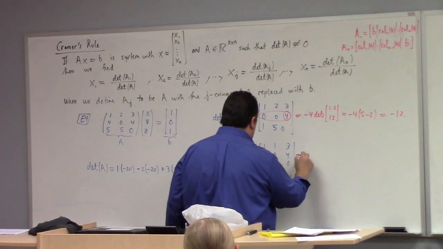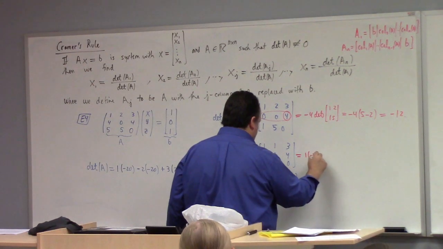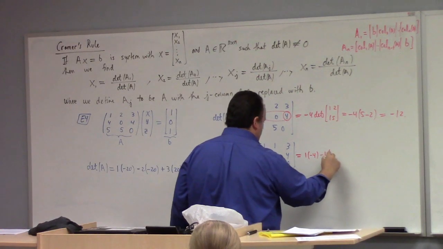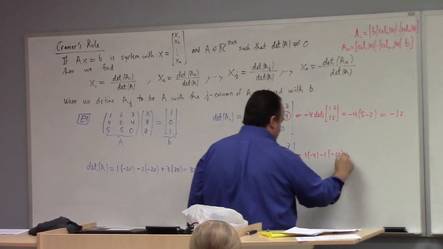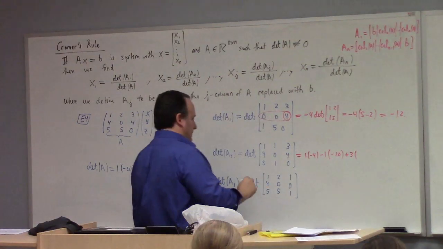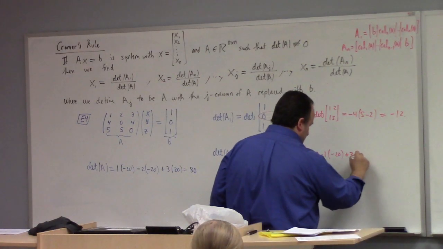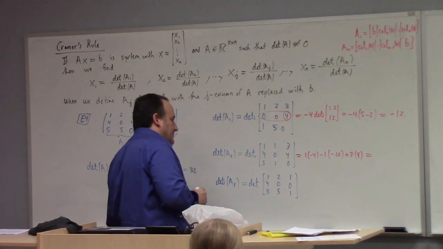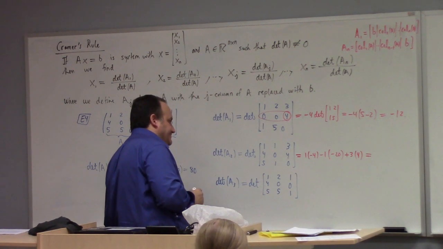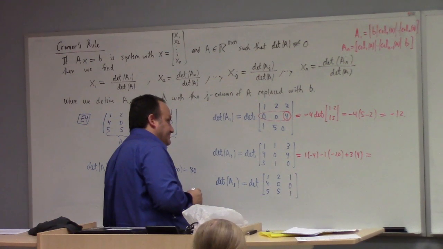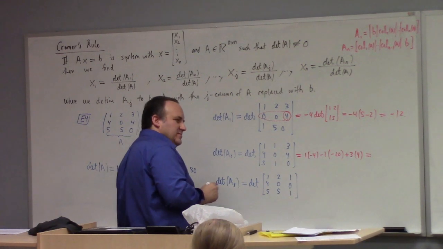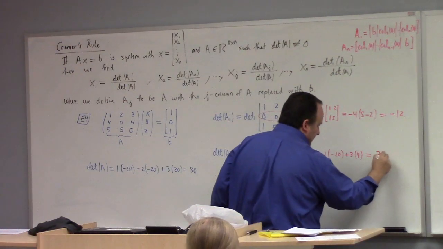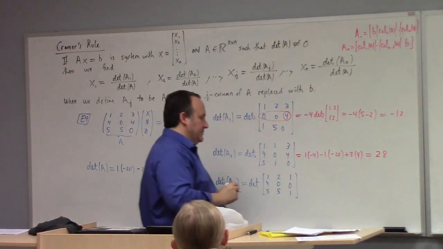So 1 times minus 4, minus 1 times minus 20, plus 3 times 4, I think 28. If you disagree and you're sure about your disagreement, let me know.